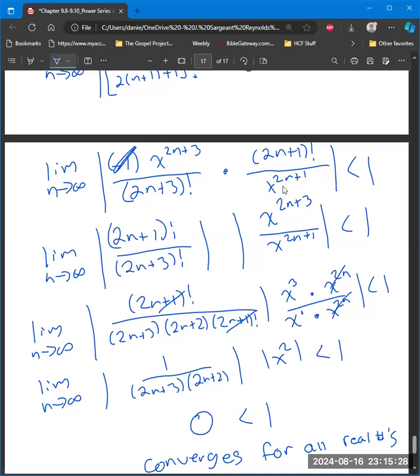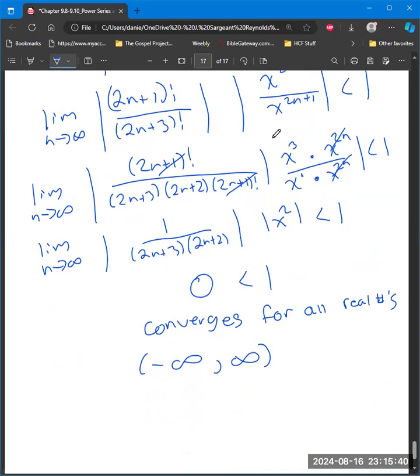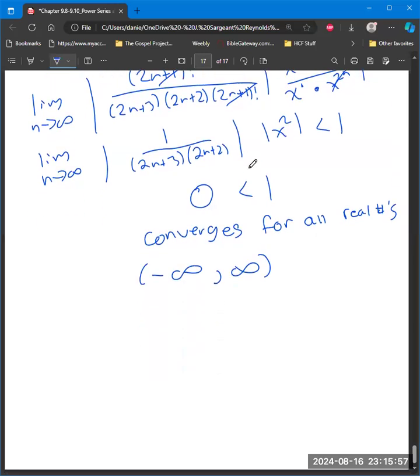And that leaves me with the limit as n goes to infinity of 1 over 2n plus 3 times 2n plus 1, which definitely goes to 0, and 0 times anything is 0, no matter what that is. So since this limit converges to 0 over here, my radius of convergence is going to be infinity, and it converges for all real numbers. Which you can say like that, or you can say -infinity to infinity.